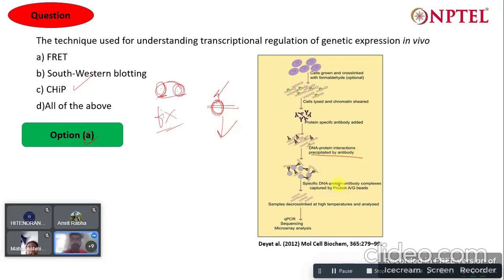After that the protein-antibody complexes are moved on beads. We check for the DNA samples, sequence them, and analyze them. That's how we find that the transcription factor or the protein is binding to the DNA we are looking for. So this is basically the ChIP assay that we do.